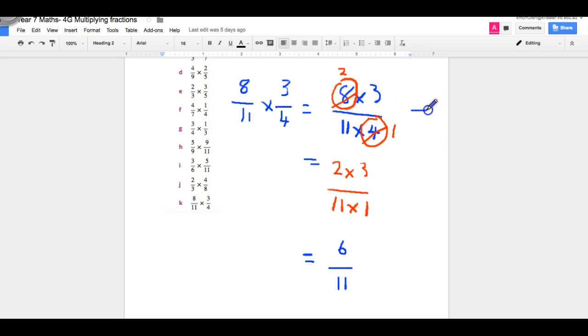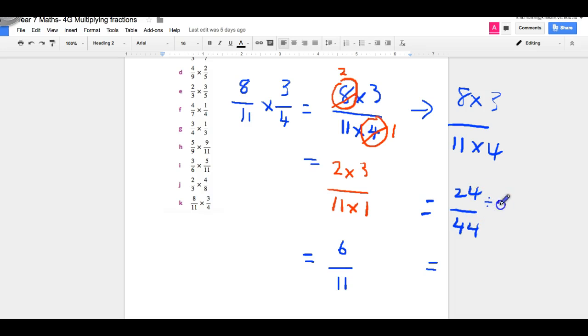Now let's go back here and say, all right, let's keep it as 8 times 3 over 11 times 4, and let's not do any cancellation. So 8 times 3 is 24. 11 times 4 is 44. Okay, so now you're required to simplify that. So the highest common factor in 24 and 44 is 4.